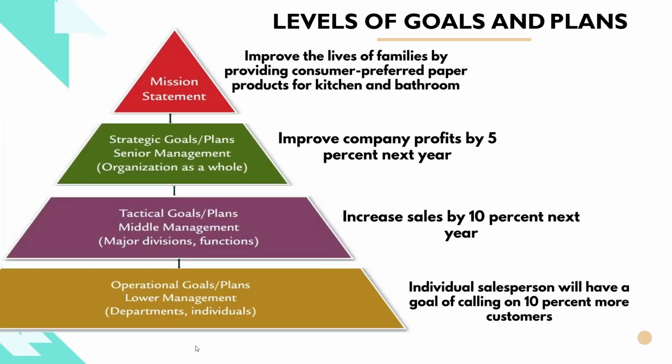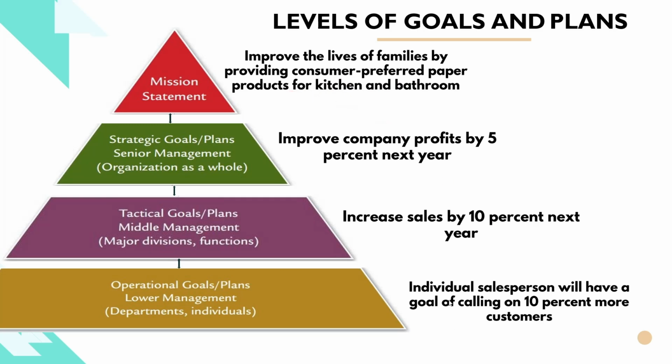Okay, so this is a diagram that shows you how mission can be translated into specific goals and plans at each level of the organization. So makikita mo yung mission statement is to improve the lives of families by providing consumer preferred paper products for kitchen and bathroom.